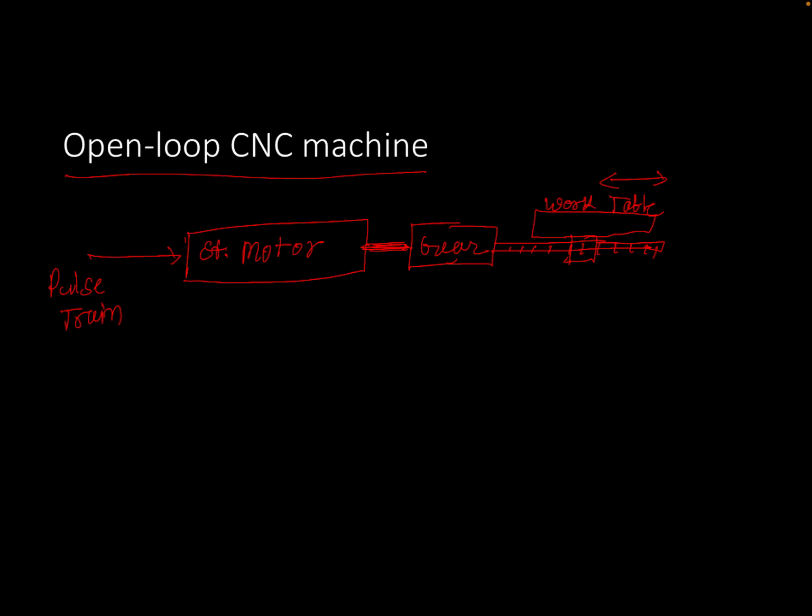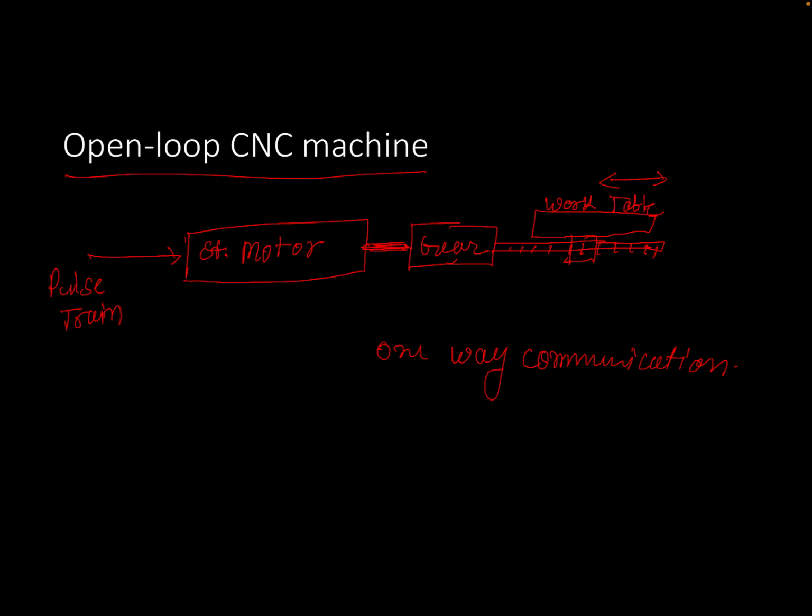Open loop CNC machines refer to the system where the communication between the controller system and the motor is one way. So that is basically one way communication. The process for an open loop system is simple, and the CNC software creates the information with necessary steps and direction signals based on the user's purpose.